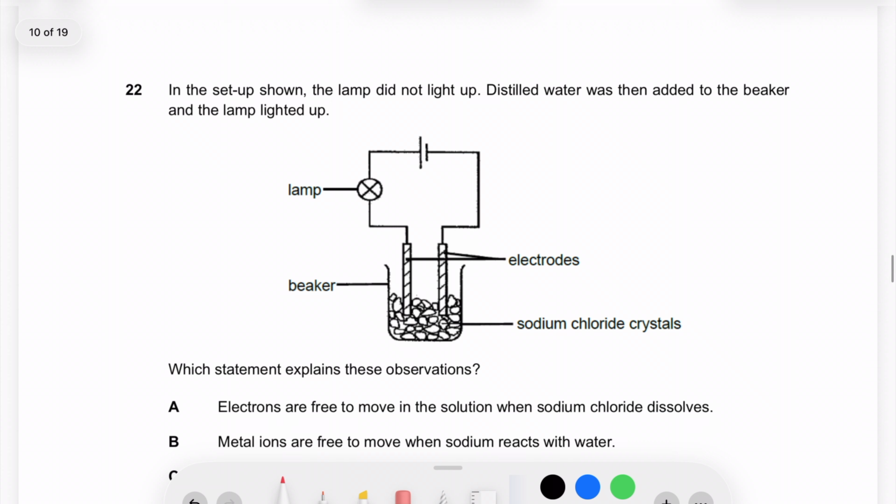22, in the setup, the lamp did not light up. But once you add distilled water, the lamp lights up. So it means the addition of water causes the charged particles to move.